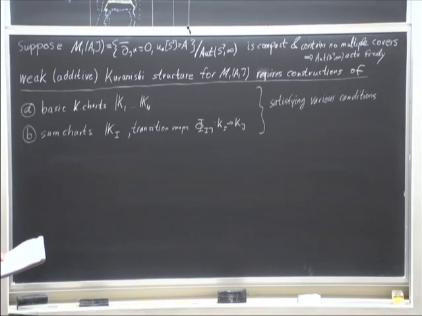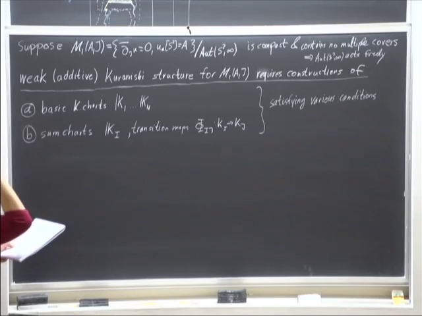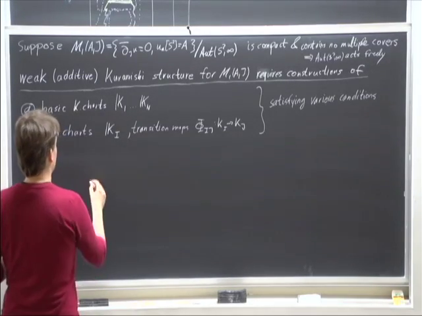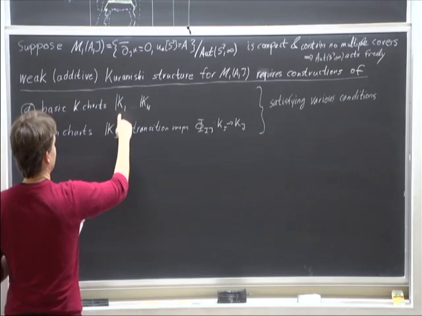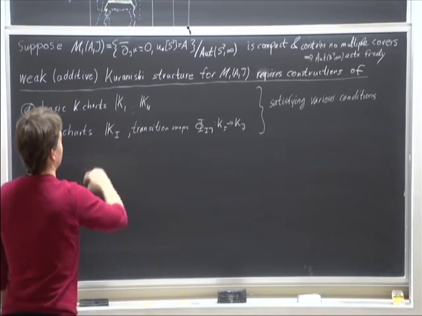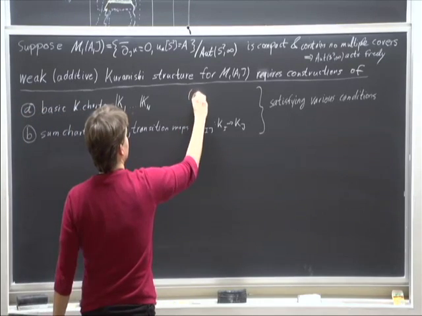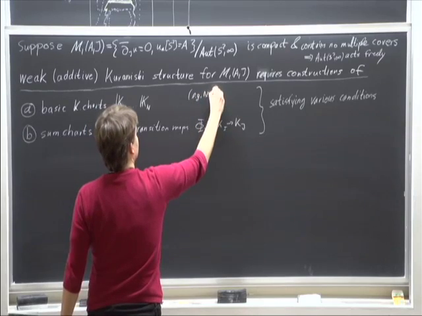In particular, what I'm going to do is really just think about two Kuranishi charts, K1 and K2, so maybe n is equal to 2.